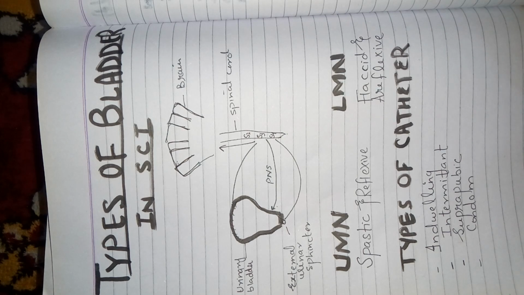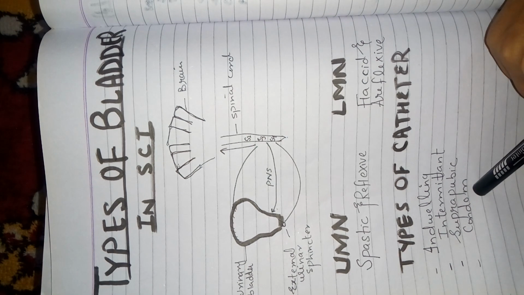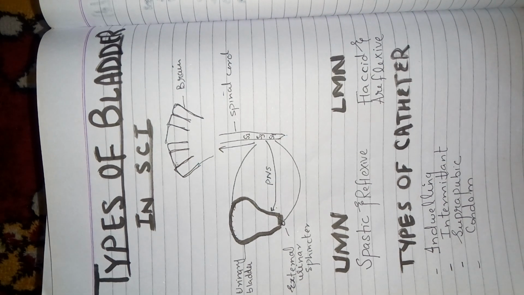In this, if there is any problem with the urethra, any infection, tumor or stricture, then a suprapubic catheter is used, and condom catheter is used in male patients. Mostly they just put it on like a condom, and this is mostly used for aged patients who cannot handle the other two types. That is why in them condom catheter is used.